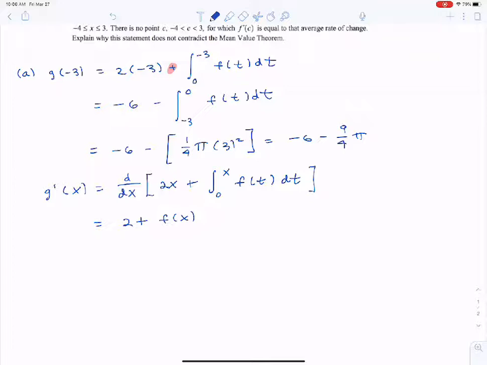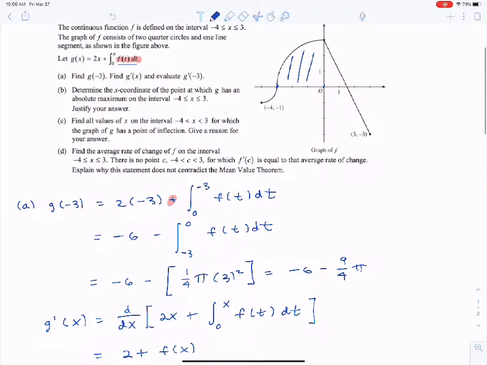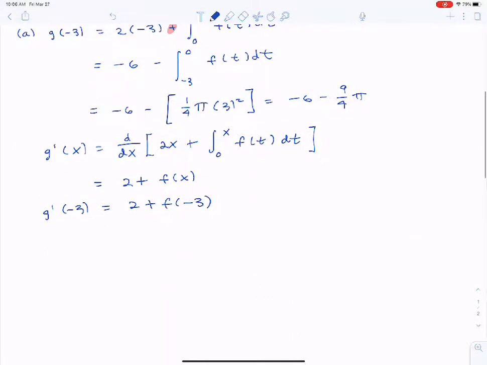Then when I evaluate this at -3, I get this. Was it -3? Yes. And then f of -3, going to the graph, is 0. So we get 2 plus 0, or 2. In regards to letter B, do you have any questions?